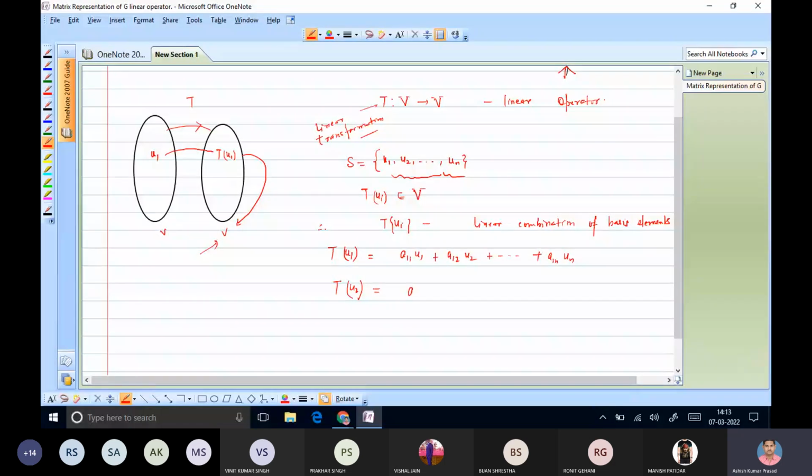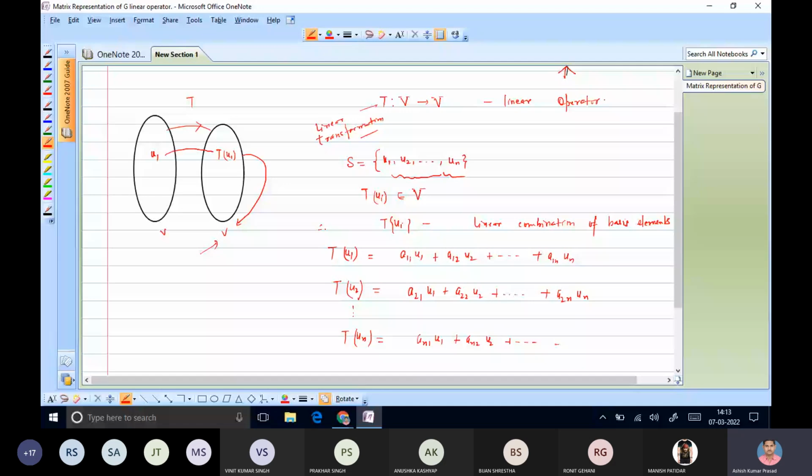So I write it as A21 U1 plus A22 U2 plus, in this way up to A2n UN, and in this way up to TUN, which can be written as AN1 U1 plus AN2 U2, and in this way up to ANN UN.